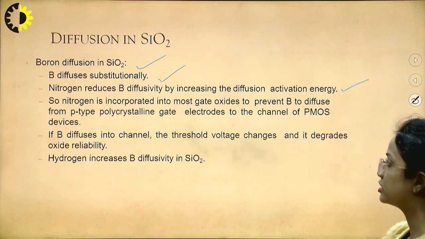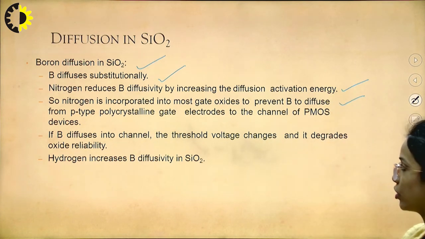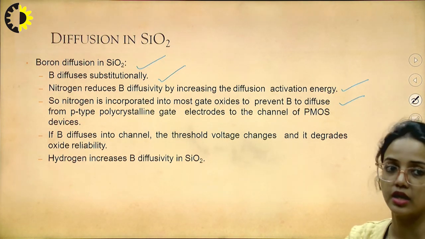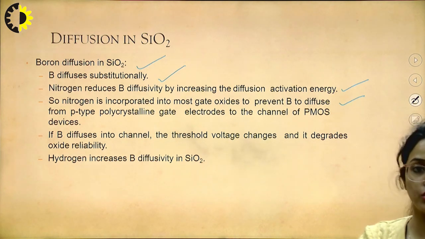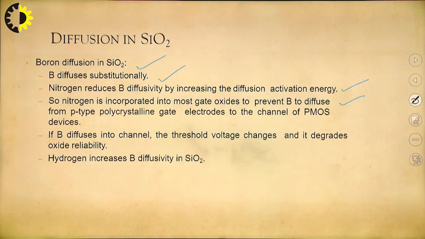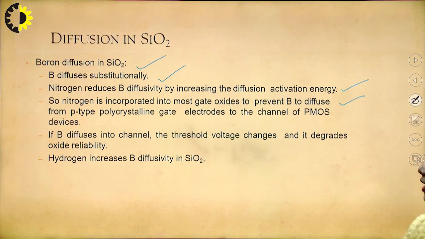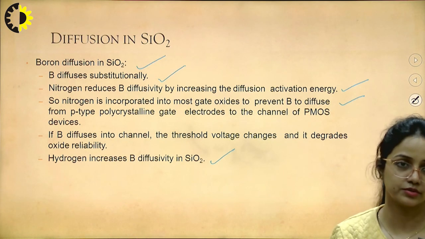Nitrogen is incorporated into most gate oxides to prevent boron from diffusing from the p-type polycrystalline gate electrode to the channel of PMOS devices. If boron diffuses into the channel, the threshold voltage changes and it degrades oxide reliability. Also, hydrogen increases boron diffusivity in silicon dioxide.